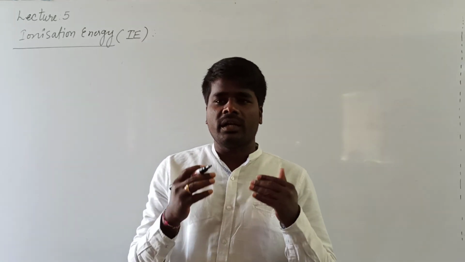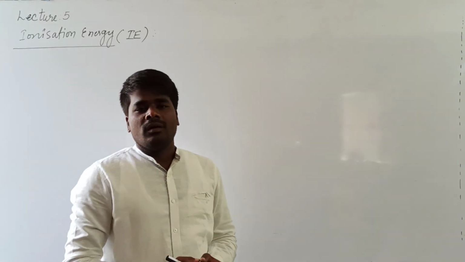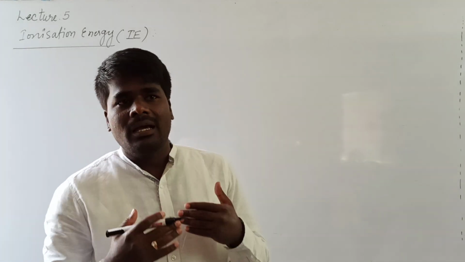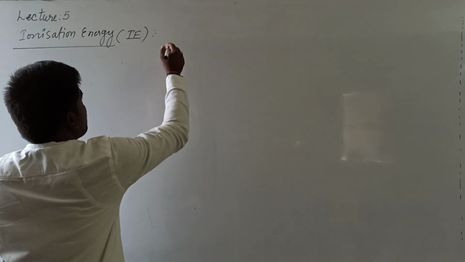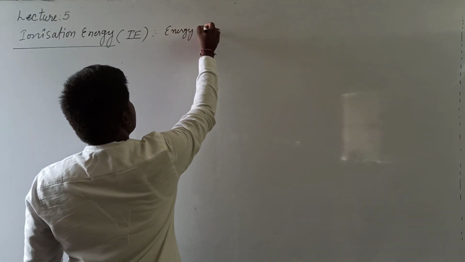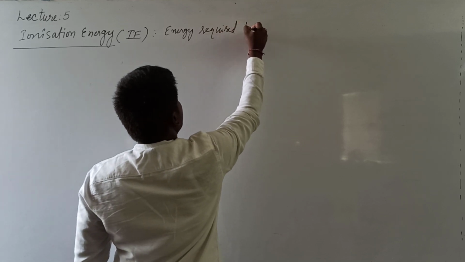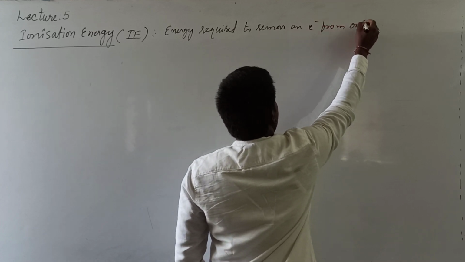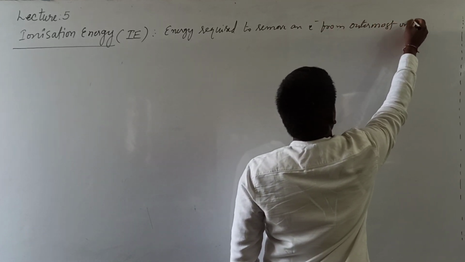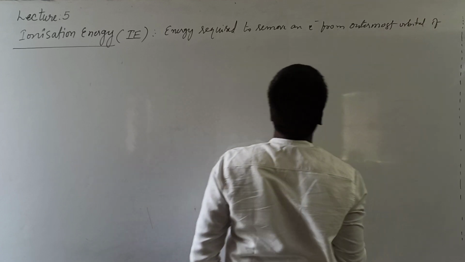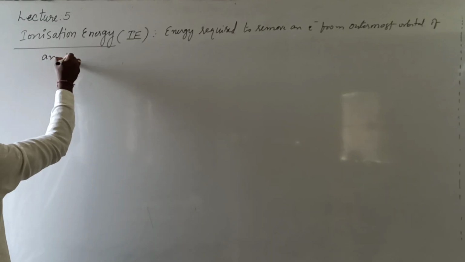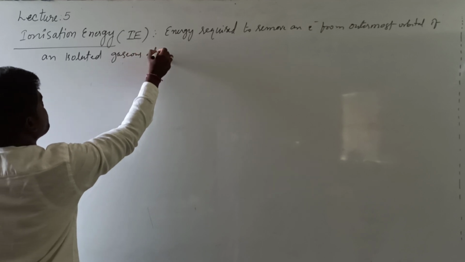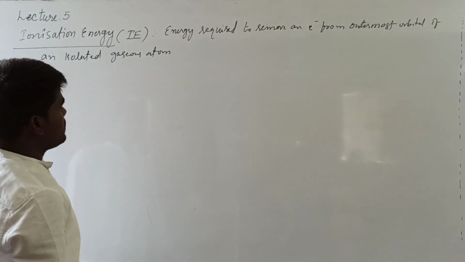The amount of energy required to remove an electron from the outermost orbital of an isolated gaseous atom is called ionization energy.